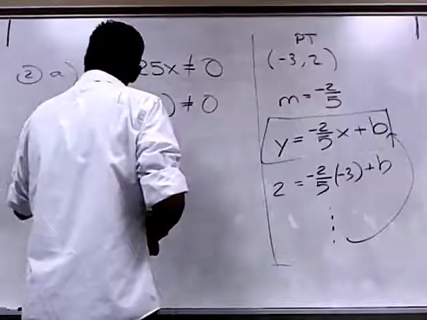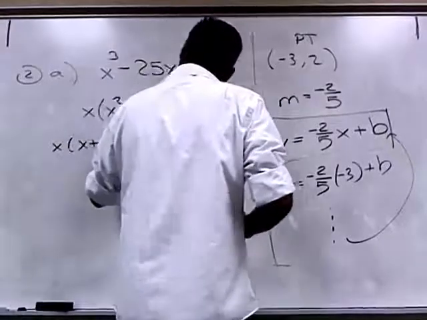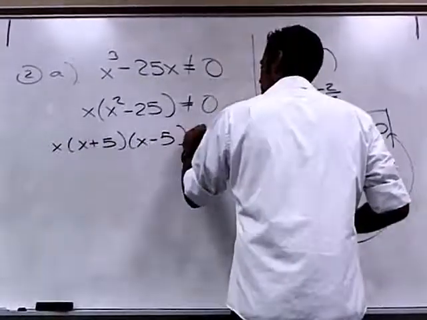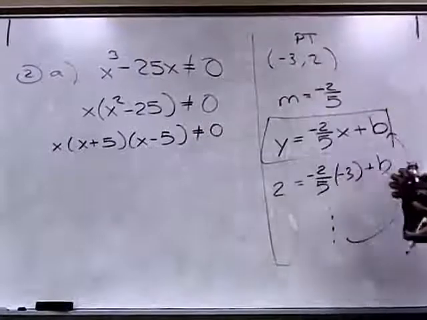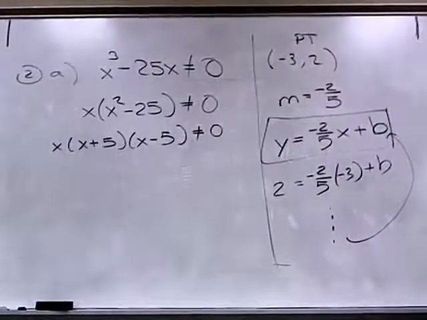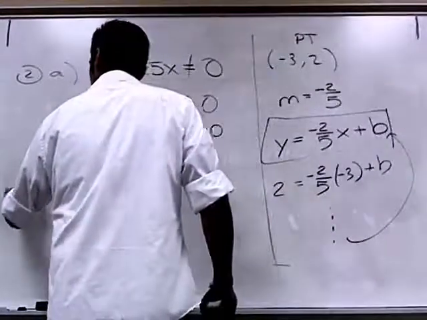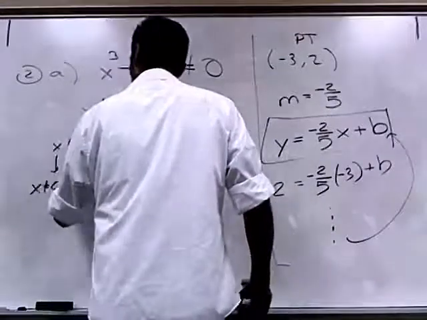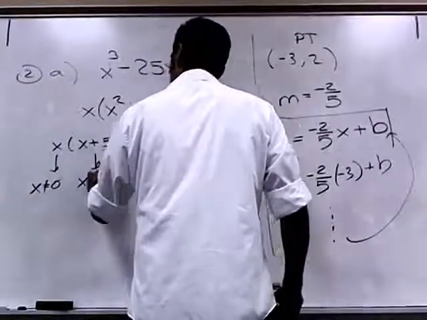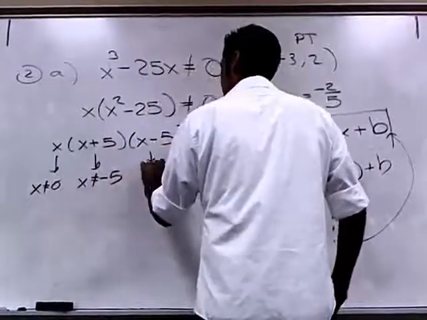Difference of squares. So I don't want any of those factors to be 0. So what are the 3 things that it can't be? x can't be 0. x can't be negative 5. x can't be 5.